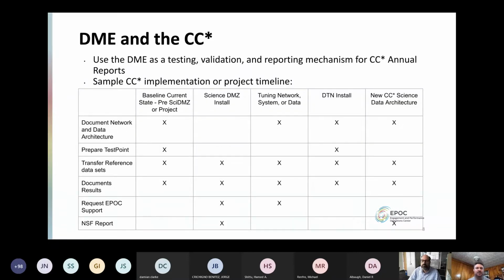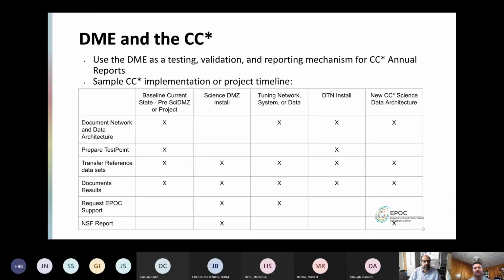So related to this, as part of your CC Star, a lot of times you need to do a timeline and a project plan related to this. Here is an example of where in your timeline of your CC Star project implementation these components fall. This could also be related to the DME, which has very similar components. So as you start off in the second column, you see the baseline current state of your configuration.